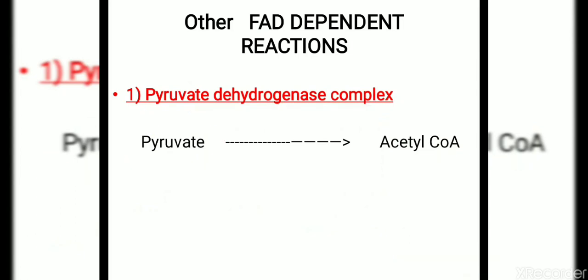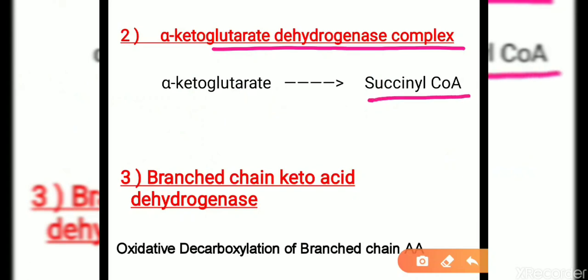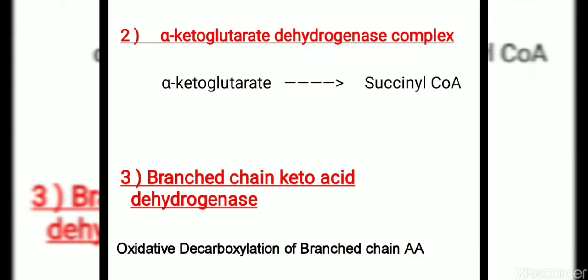The second is alpha ketoglutarate dehydrogenase, which catalyzes oxidative decarboxylation of alpha ketoglutarate into succinyl-CoA. The third multi-enzyme complex is branched chain ketoacid dehydrogenase, which is concerned with the metabolism of branched chain amino acids like valine, leucine and isoleucine.